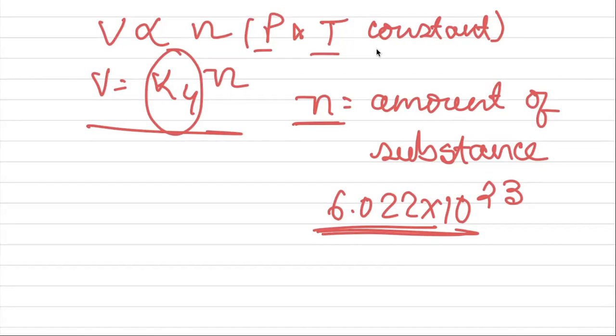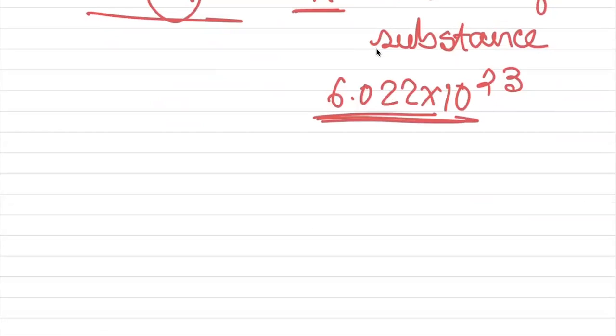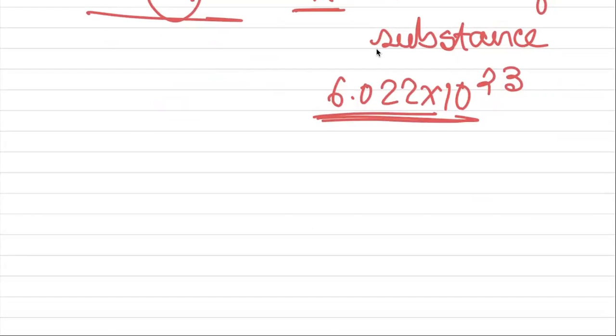Next is the relationship with density. As this is the volume and amount relationship, we have to see the relationship with respect to density. So how can we calculate the number of moles?